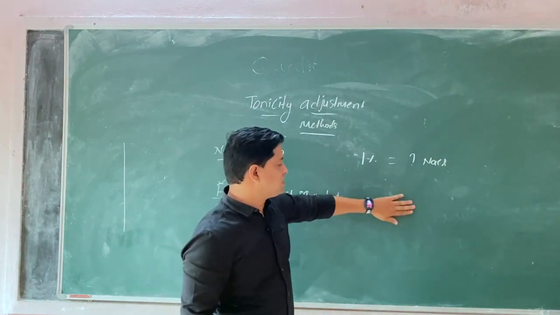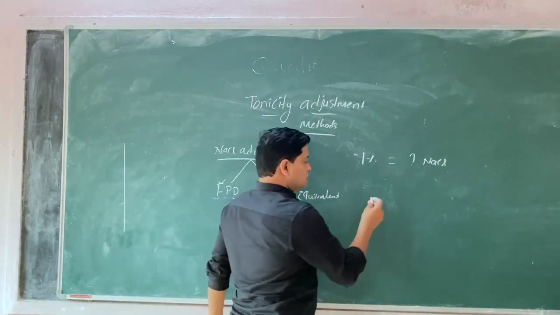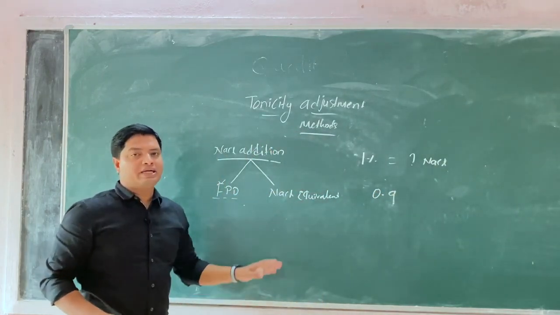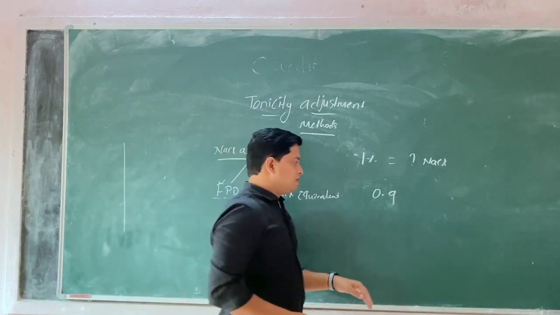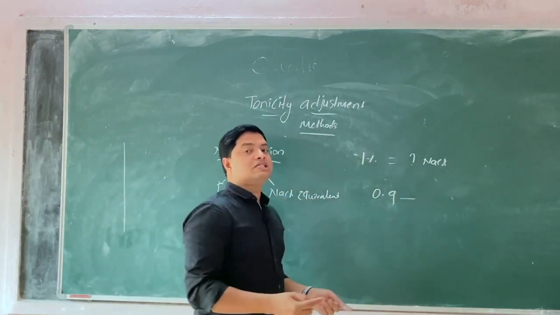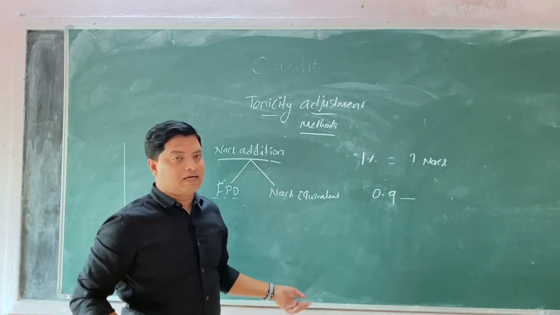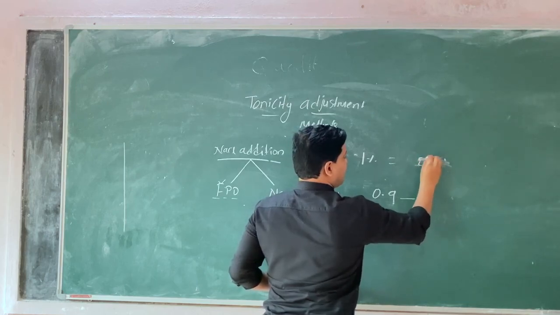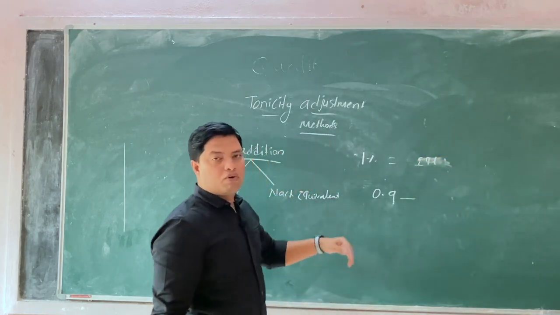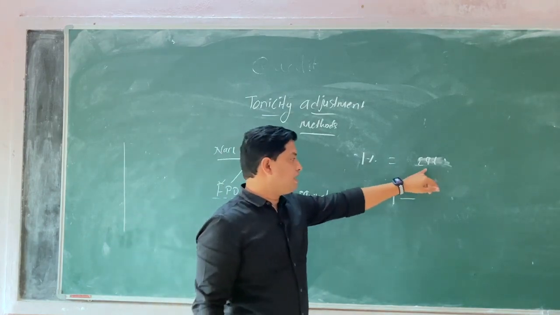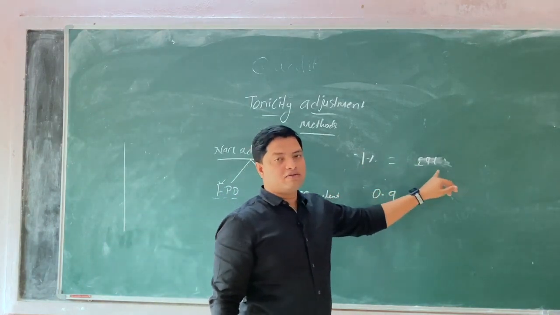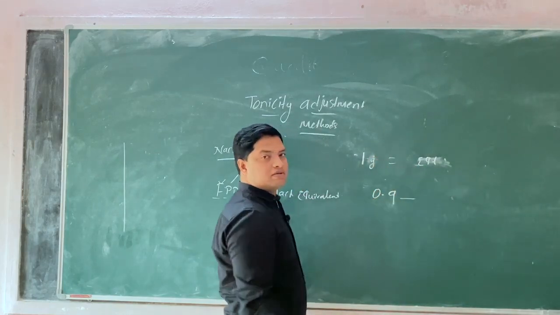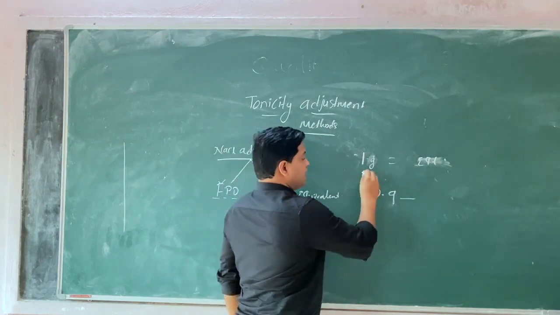For that we have an equation. The total amount of NaCl to be added to get an isotonic solution is 0.9 gram in 100 ml. Due to the presence of drug, how much NaCl is present, that we need to calculate. So 1 gram of drug is equivalent to X amount of NaCl, or 1% of drug is equivalent to some X amount of NaCl.